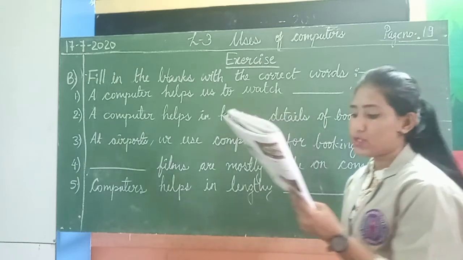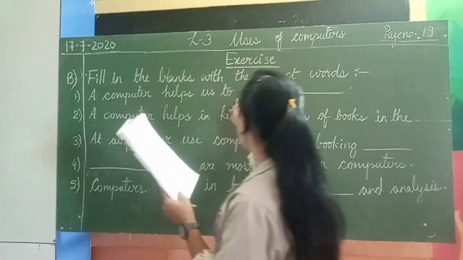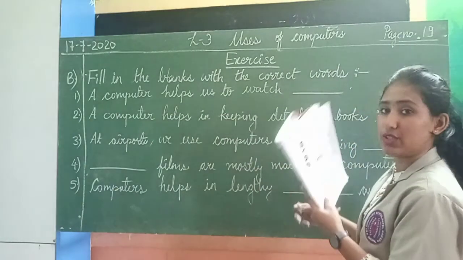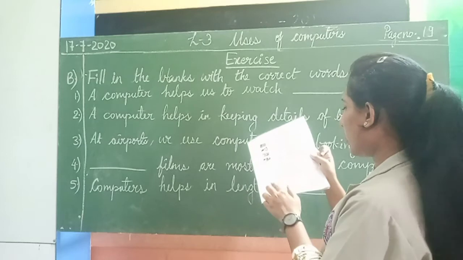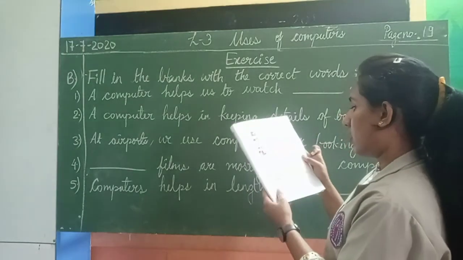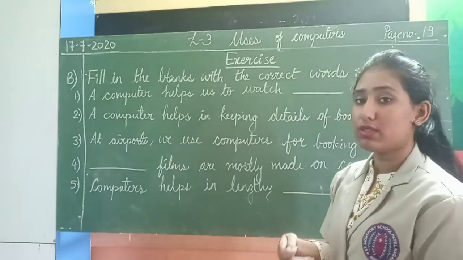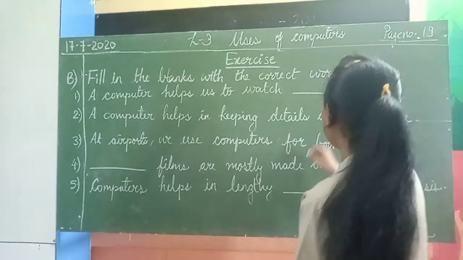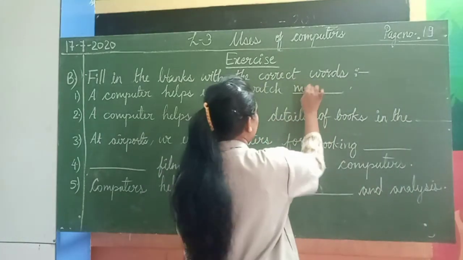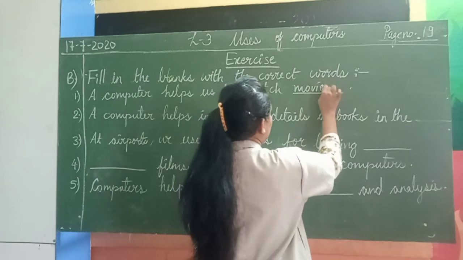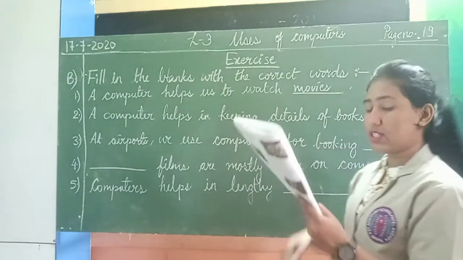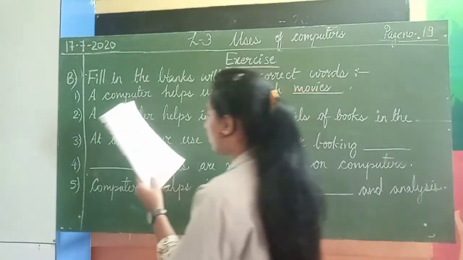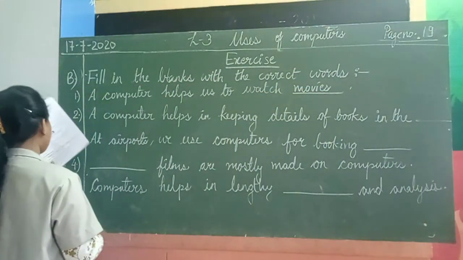Okay. So the first one is, the computer helps us to watch dash. Okay. There are options given in a box. है ना? We have to find out the correct one. A computer helps us to watch movies, right? We use computers for watching movies also. So write down movies in the first blank. Now the second one, the computer helps in keeping details of books in the library. है ना?